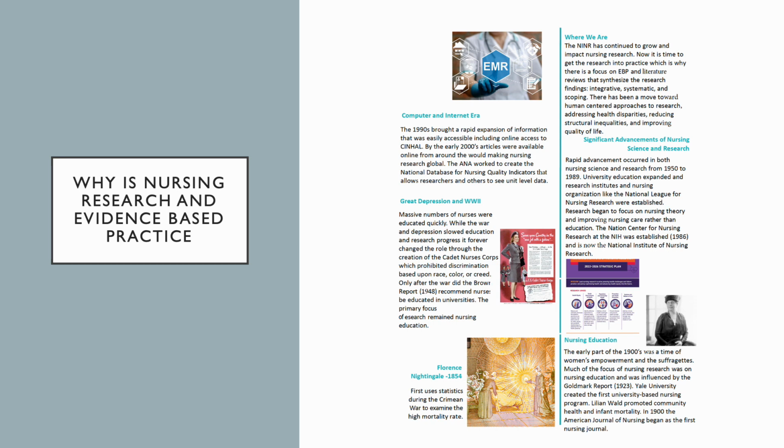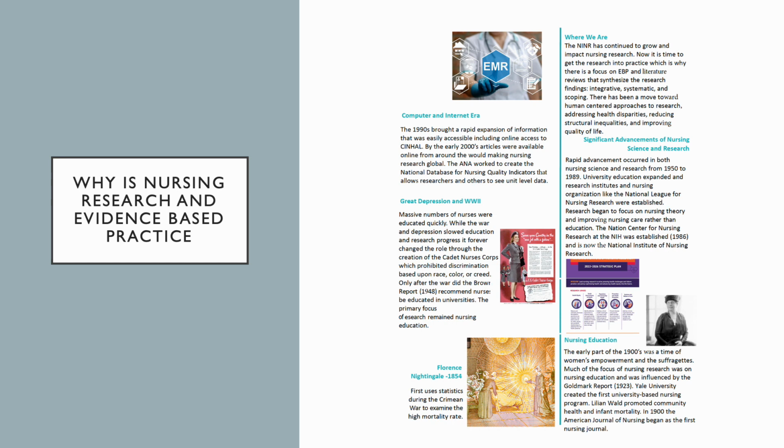There was rapid expansion, and the Great Depression and World War II brought on the Cadet Nurse Corps, and the result of nurses being officers in the uniformed services. And then significant advancements in nursing research occurred.